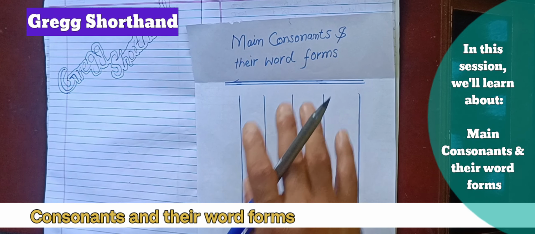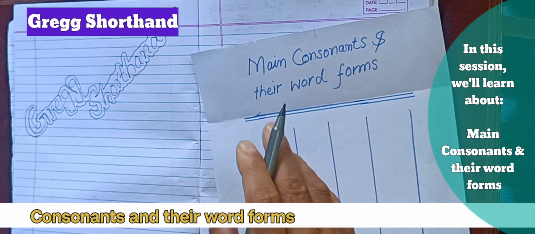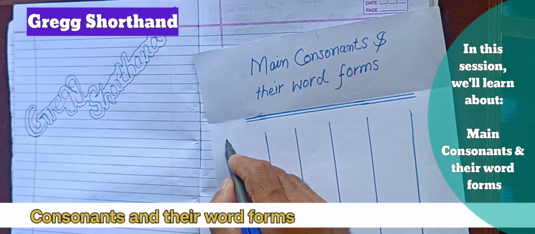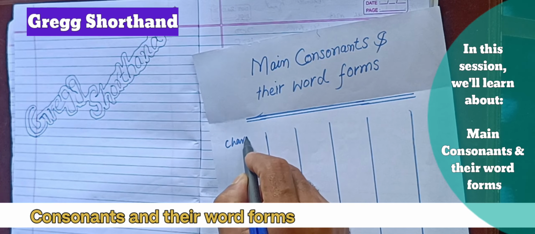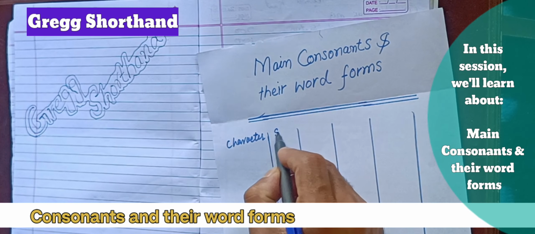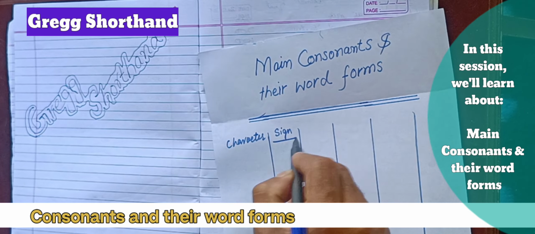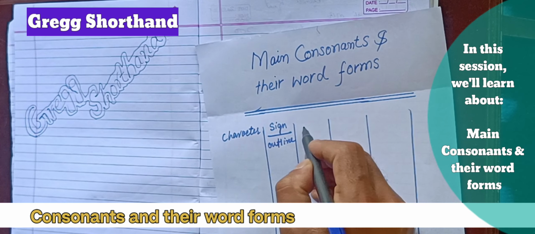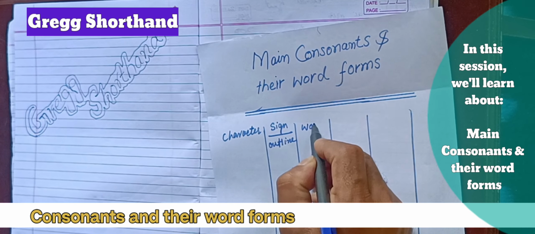So let's begin. First of all, I'll write the character, then I'll write this sign or outline, and then we will see which words are formed using these characters, right?